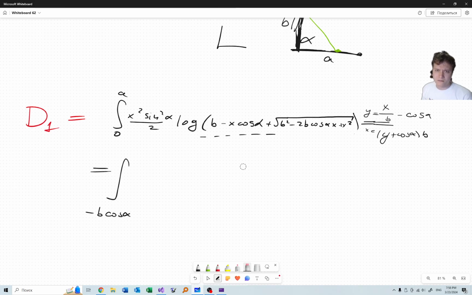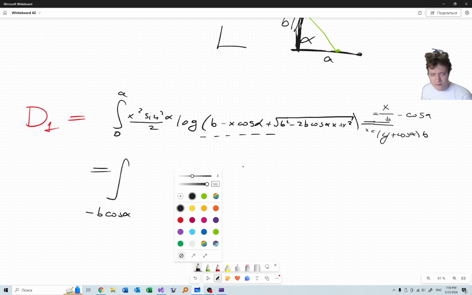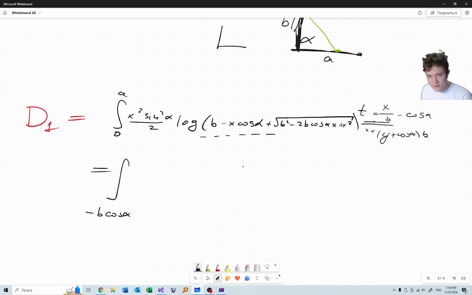Well, in this case I can also immediately divide by sine alpha. Let's immediately say that t... I'm redoing this because I already did these steps, so let's assume that I am capable of doing them. So x over b sine alpha minus cotangent alpha is t.